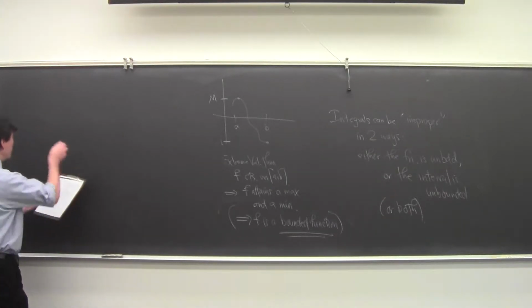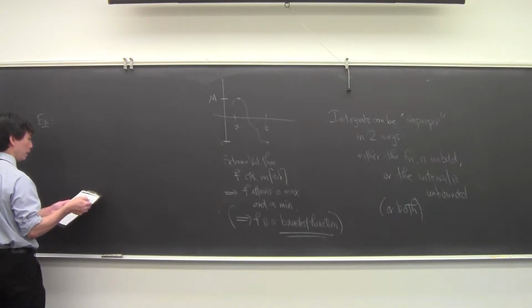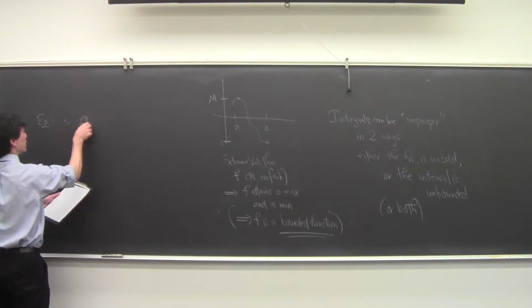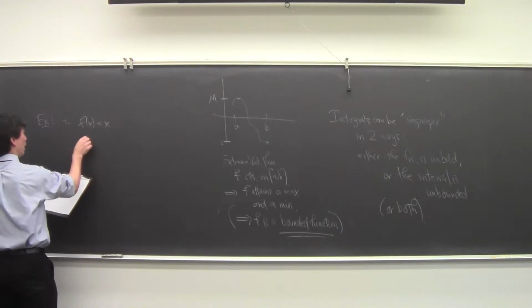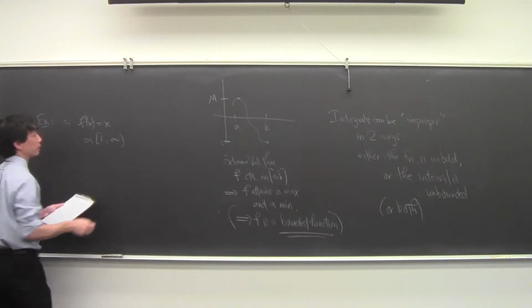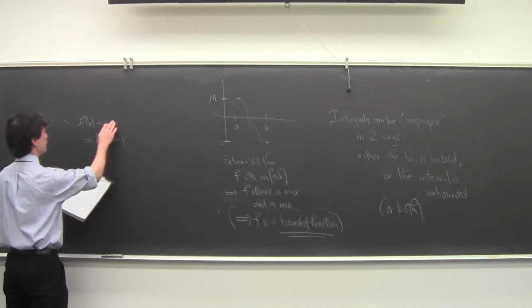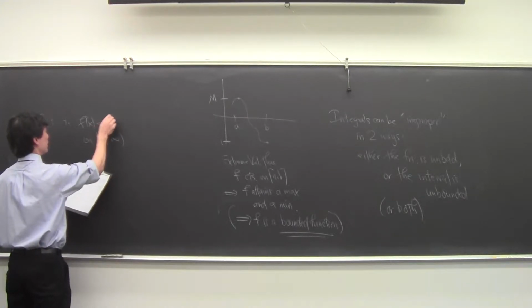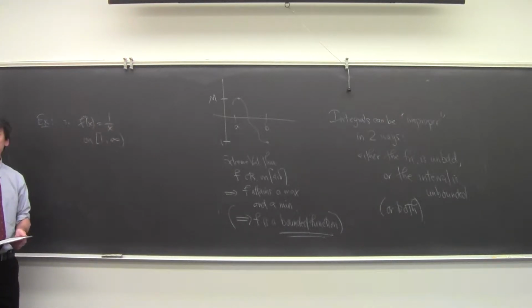Okay, so for example, we can look at Ian's example, f of x equals x plus 1, or let's just say f of x equals 1 over x on [1, infinity).